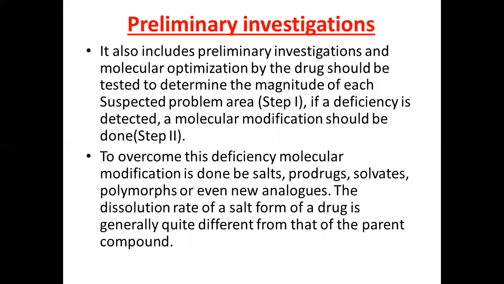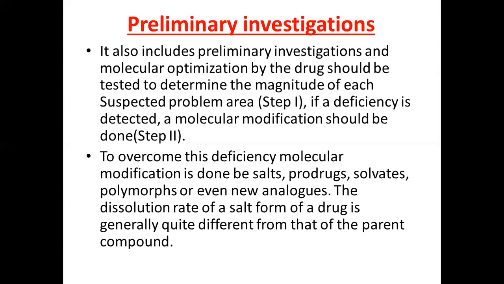It means the problem area at which you want to act, what will be the outcome, what type of problem you will face in these investigations, and at which intensity, at which magnitude.